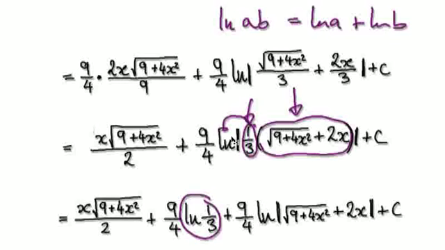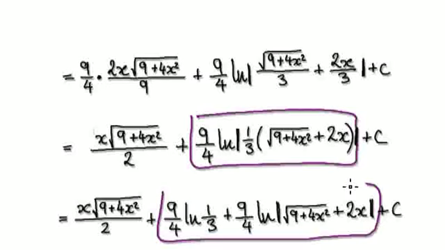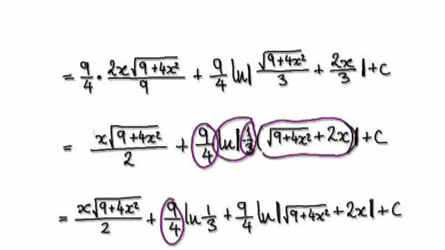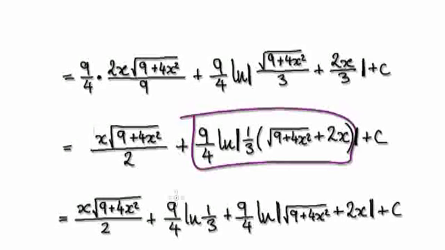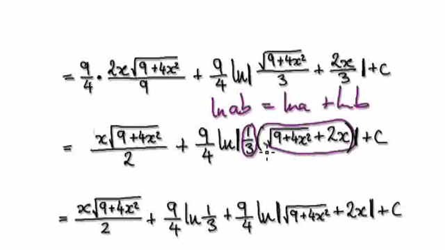So this whole thing here will then become this, because here you've got one bubble multiplying another bubble. So that will be this thing here, and then ln the third, and then ln the other bubble, which will be this thing here. So basically, this bit here is this bit here, just because ln ab equals ln a plus ln b, because here you've got one thing multiplying another thing. So in a way, this is your a, this here is your b.